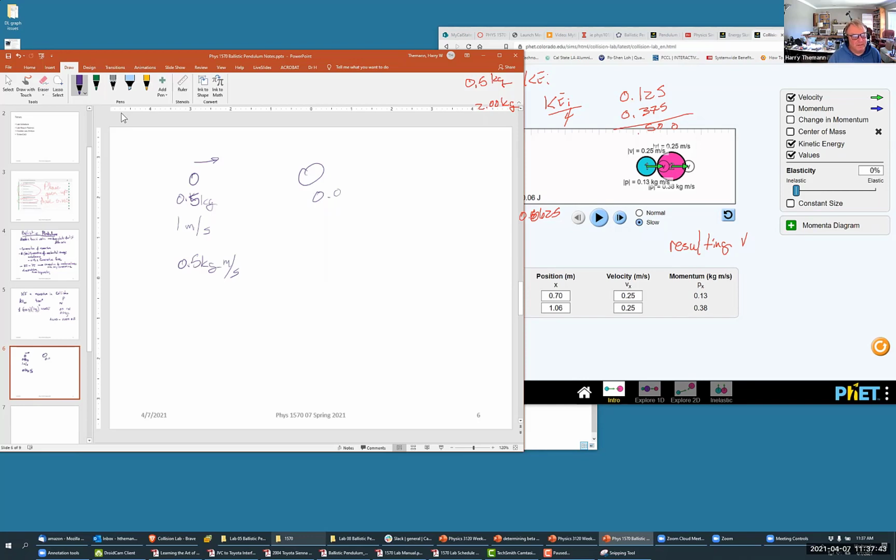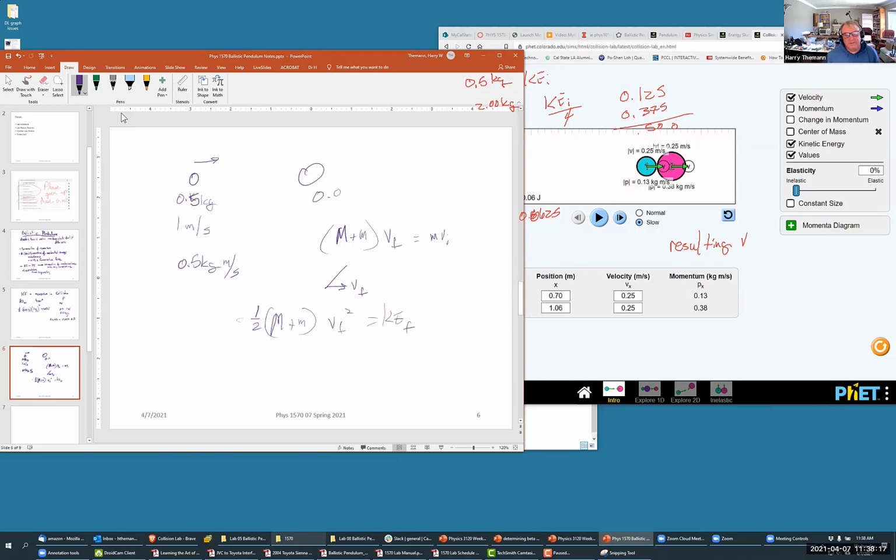If they're elastic, then we have capital M plus little m times V final has to equal. So we can get our V final. And then our kinetic energy is simply M plus m times V final squared equals our KE final.